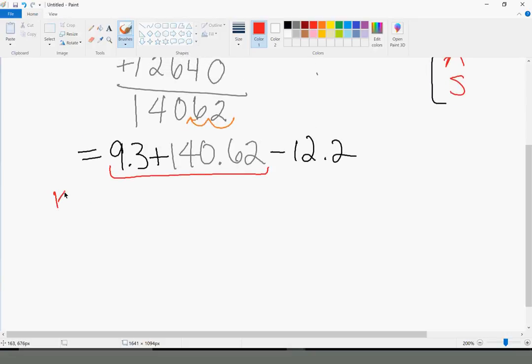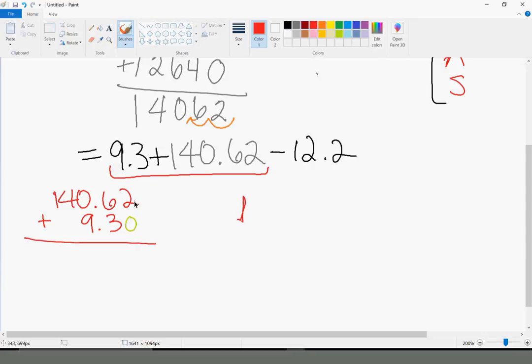So I'm going to do 140.62 plus 9.3. So remember, when you're adding or subtracting decimals, the decimals must line up. So I'm going to just put a 0 placeholder here just to help me organize it.